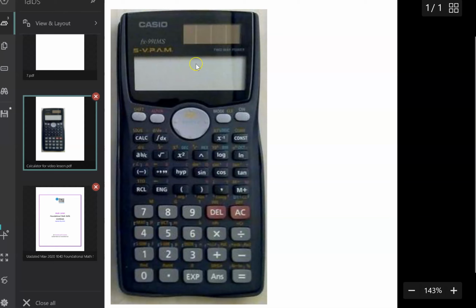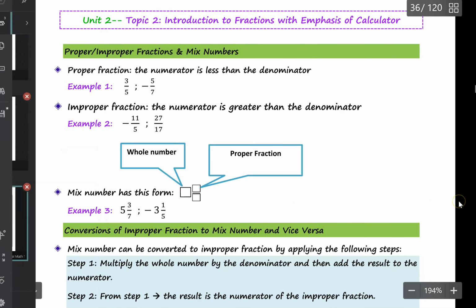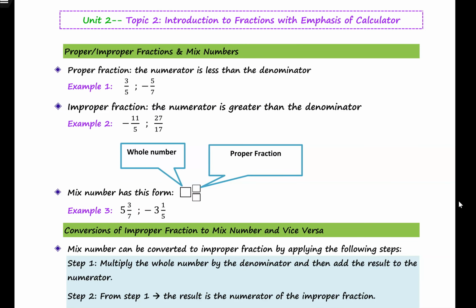Okay, so Casio FX991MS, and this calculator has a very unique feature that we can use in terms of fractions. Sometimes calculating values of fraction addition, subtraction, multiplication, division can be very tedious, but if we use a calculator, it actually simplifies a lot of the process.